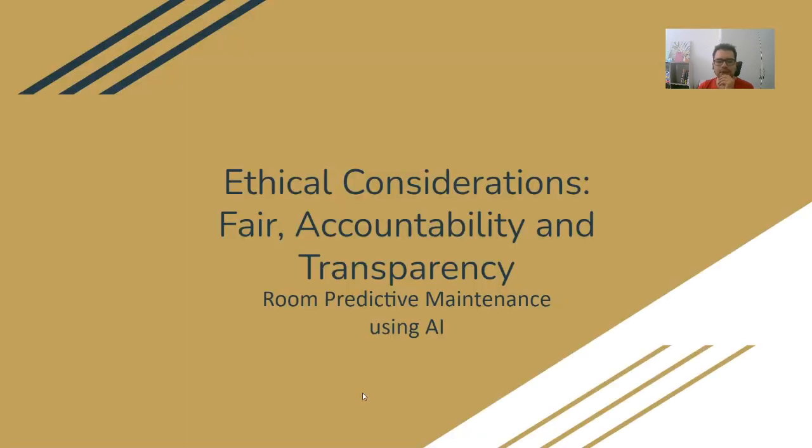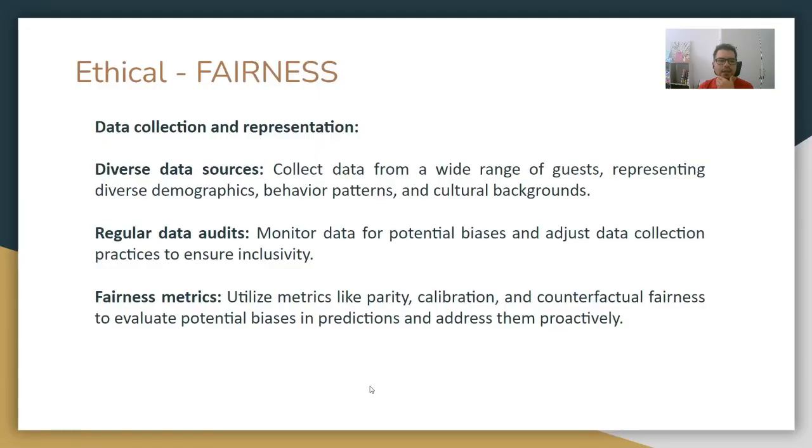Now we are going to talk about ethical considerations in three aspects: fairness, accountability, and transparency. In fairness, data collection and representation: we need to collect diverse data sources from a wide range of guests, representing diverse demographics, behavior patterns, and cultural backgrounds. Regular data audits monitor data for potential bias and adjust data collection practice to ensure inclusivity.